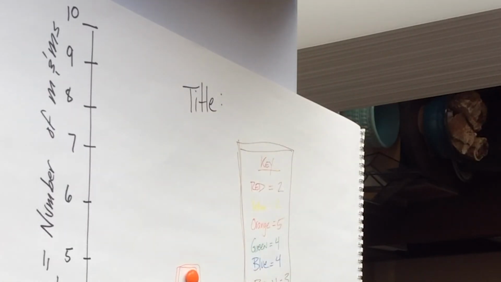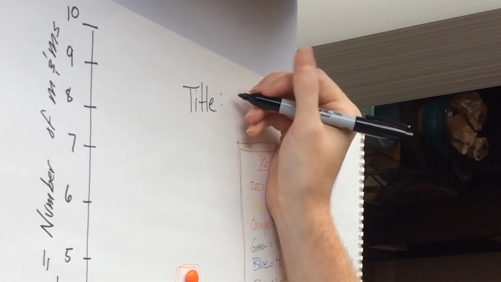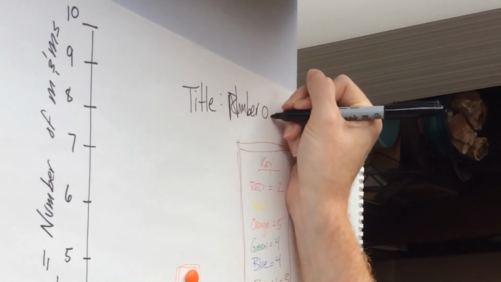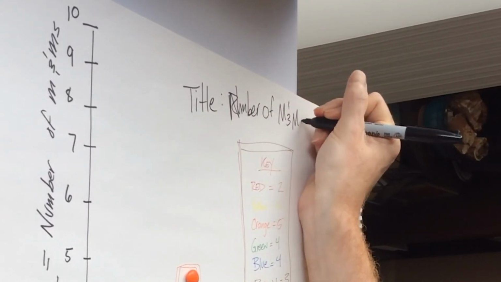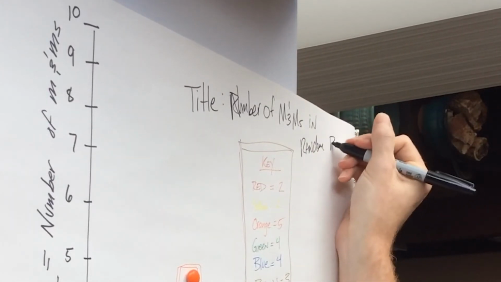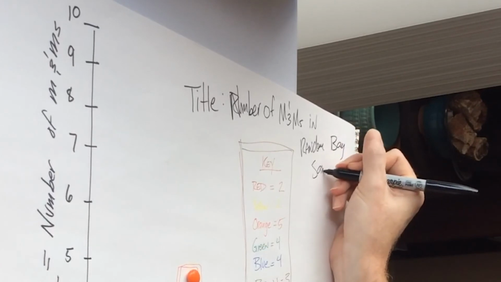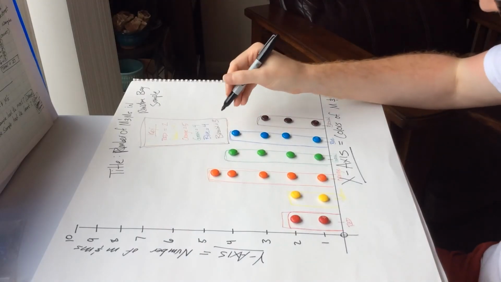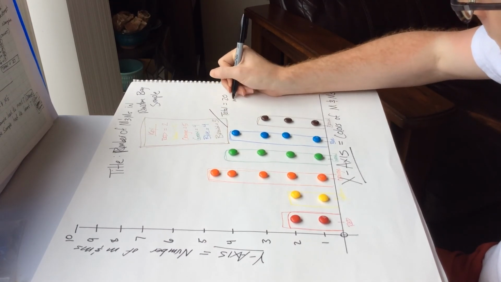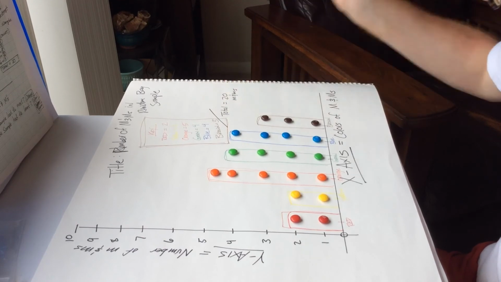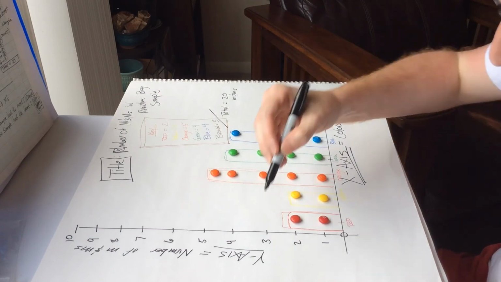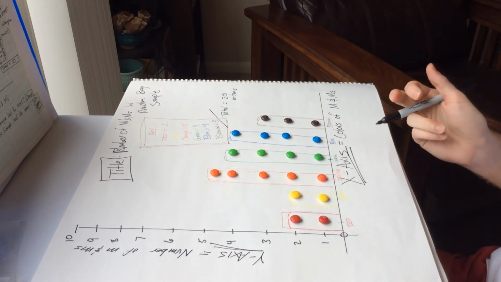So I'm going to label this the number of M&Ms in random bag sample. Where the total equals 20 M&Ms is my sample. And that is a bar graph.